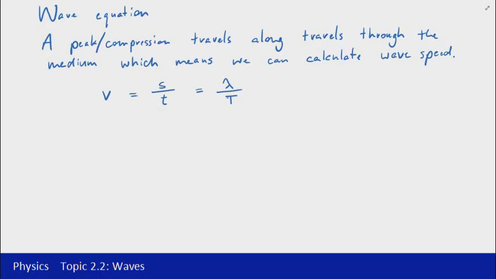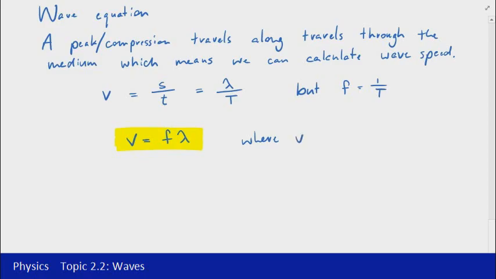So instead of using period, we're going to use frequency, and we know that f is equal to 1 over T. You can see that we've already got that divide by T here, so instead of writing 1 over T, we can write that equation as v is equal to f lambda. So frequency multiplied by the wavelength. That is the wave equation, so a fairly easy one to calculate.